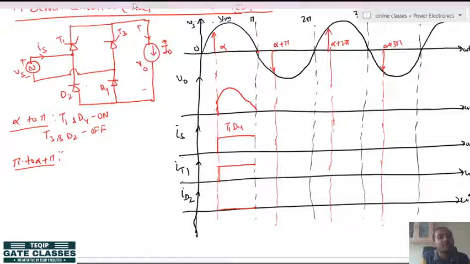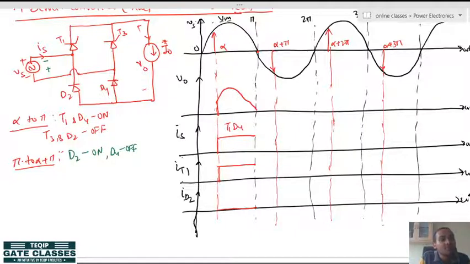When the supply is reversed, diode D2 is forward biased and D4 is reverse biased. Because of this, D2 will immediately turn on and D4 will immediately turn off.